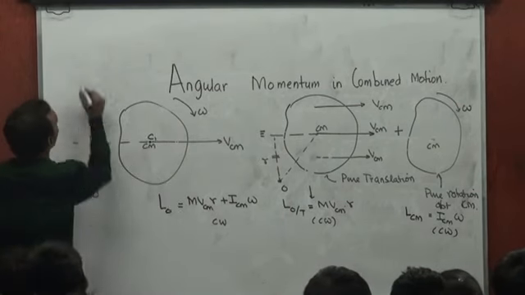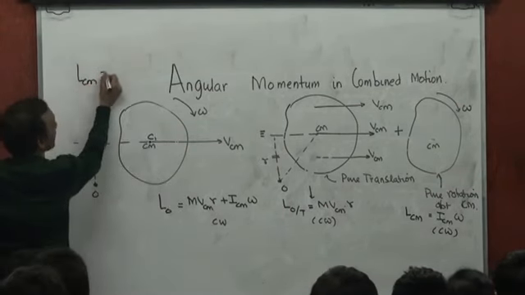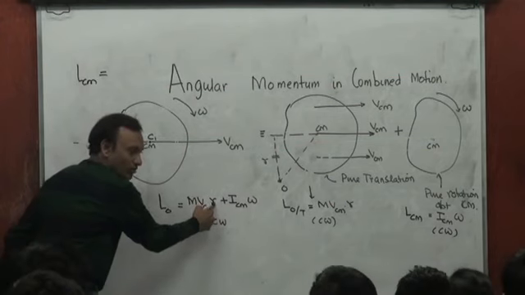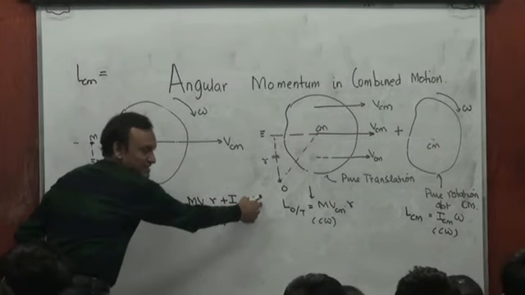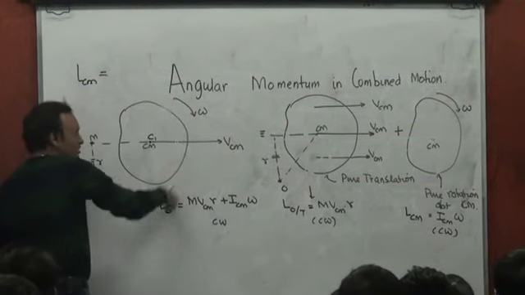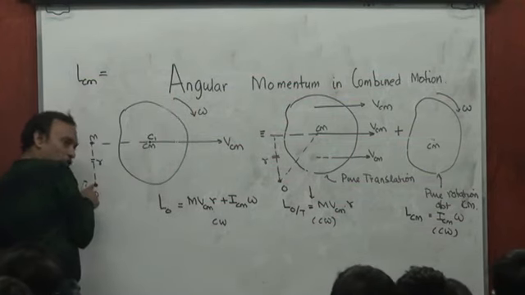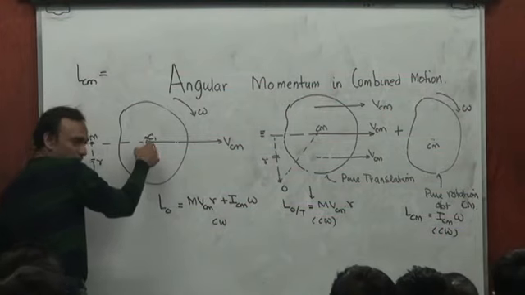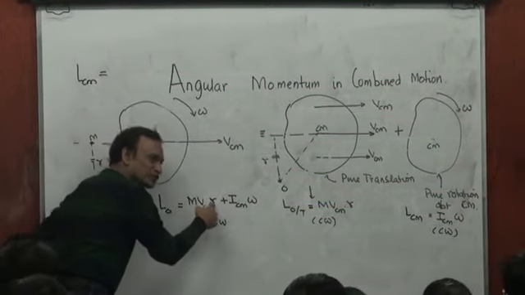If you have to find the angular momentum about the center of mass alone, then this r will be 0. It will simply be I CM omega, even in general rigid body motion. This is L about any point O, but if you want to find L about CM, then put this small r equal to 0.